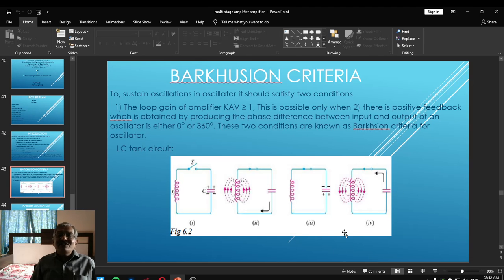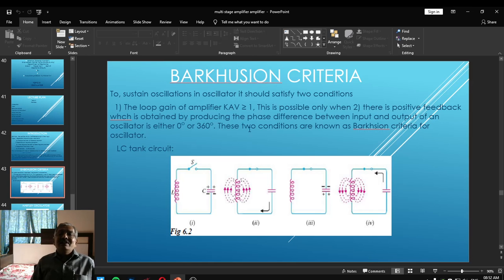When these oscillations are given as input to the amplifier, they are amplified by the amplifier and produce oscillations at the output, provided the phase shift between the output signal generated and the input signal is 0 degree or 360 degree, that is, positive phase has been provided, and Aβ should be greater than or equal to 1.